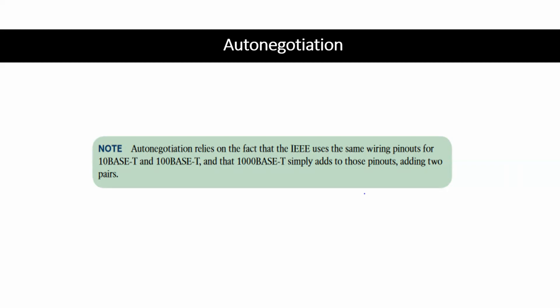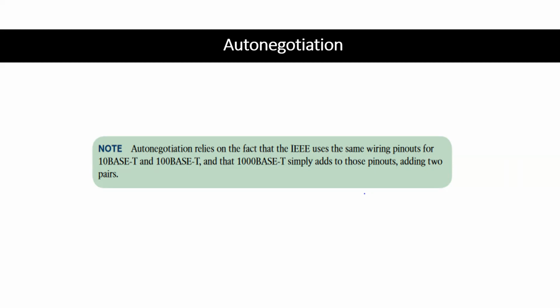Want to take a step here and remind you guys, on negotiation, everything I just said based on theory just confirmed all of my blabbering I just did in the last two slides. Auto negotiation relies on the fact that the IEEE uses the same wiring pinouts for 10BASE-T, 100BASE-T, and 1000BASE-T. 10, 100, 1000, I'm sure you can understand that means 10 meg, 100 meg, 1000 meg.